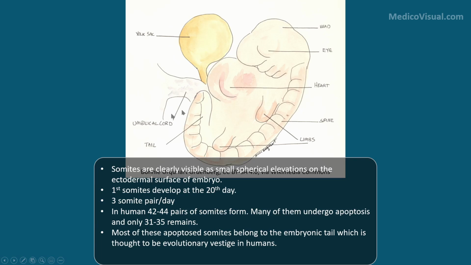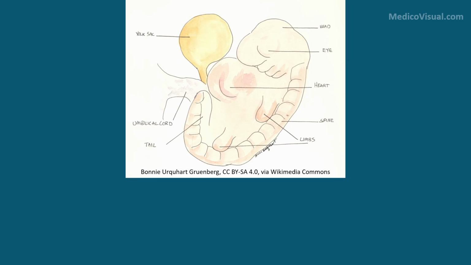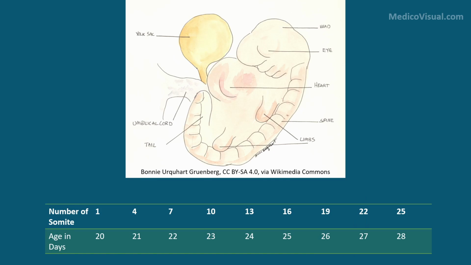Because the somites in this area are not needed, they undergo the process of apoptosis, the programmed cell death. As we have seen that 3 somite pairs form per day, and the somites are clearly visible as surface elevation on the ectodermal surface of the embryo, so by counting the number of somites we can roughly estimate the age of the embryo.